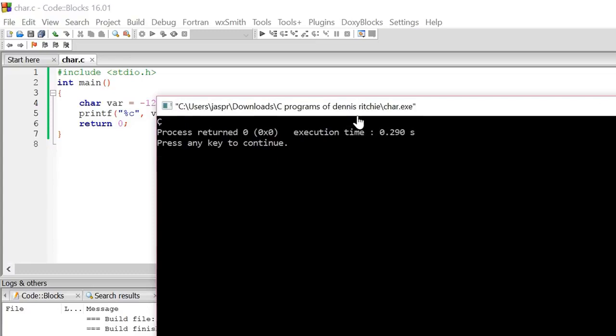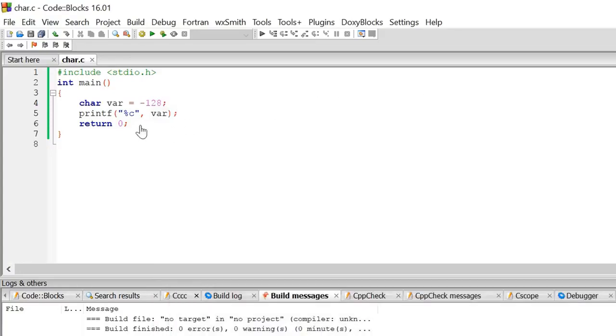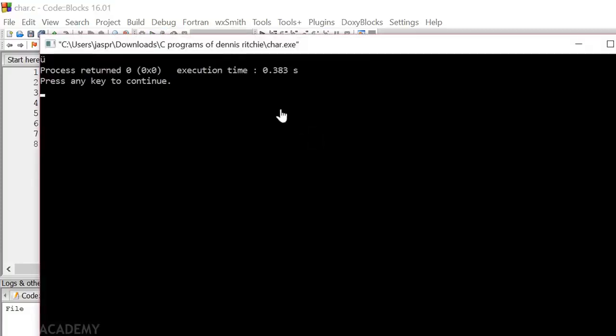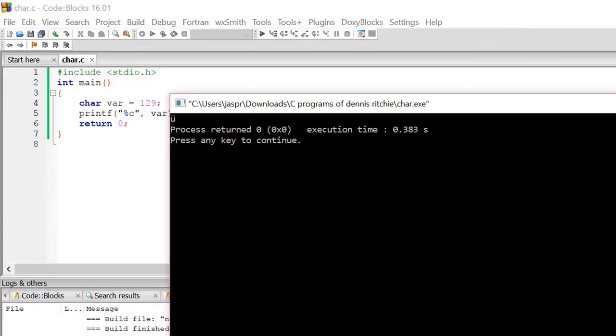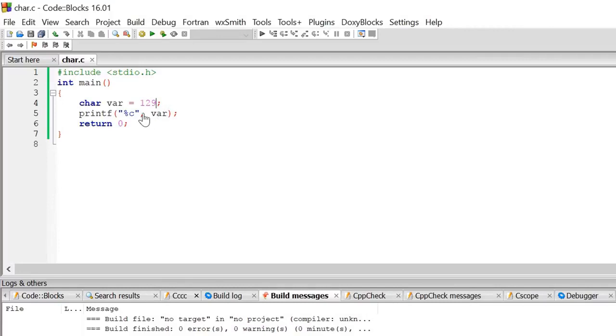Therefore, it is verified that plus 128 and minus 128 both are same. Let's see what happens when we change this to plus 129 and execute it. This would be the character. And let's see whether minus 127 and 129 are same or not.